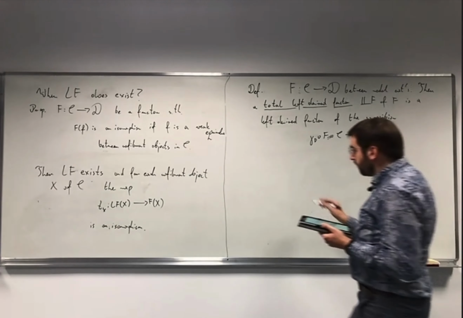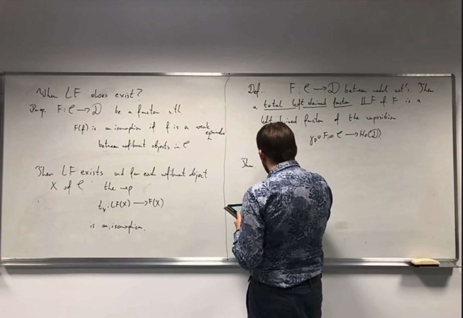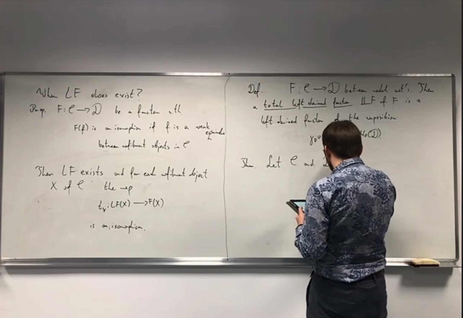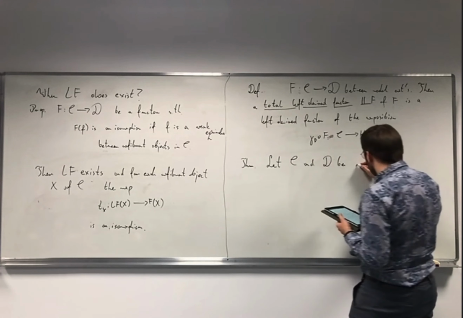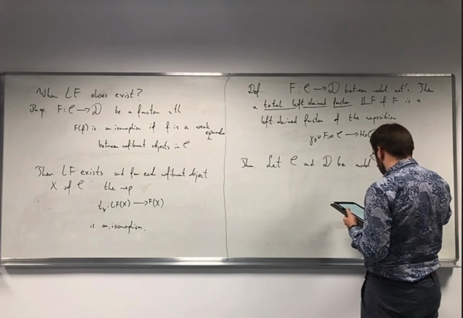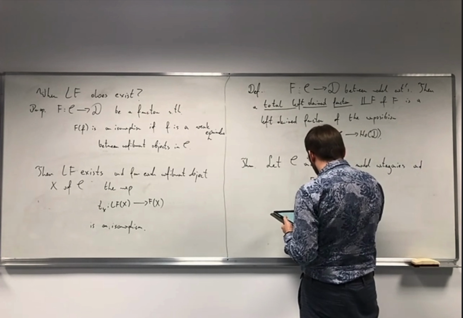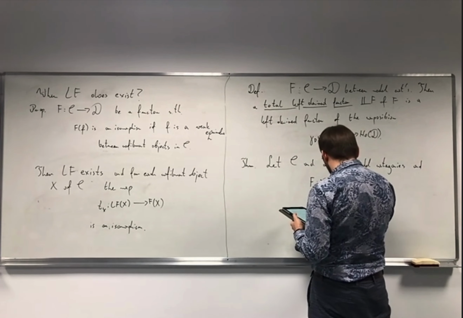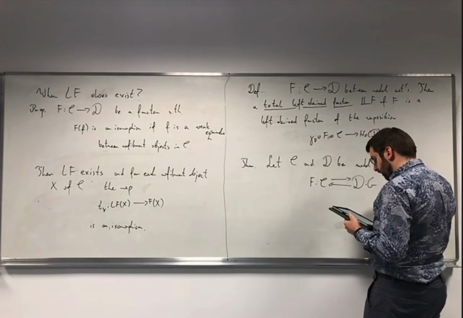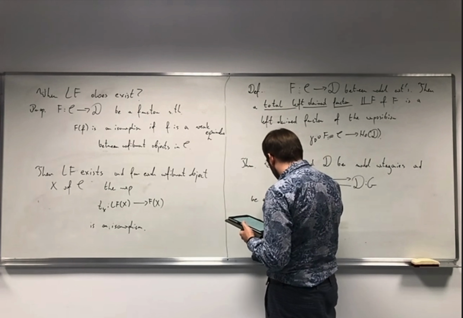in the form of a theorem. So let C and D be model categories, and let F and G be a pair of adjoint functors.